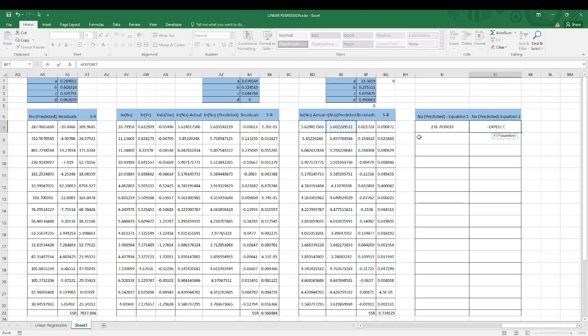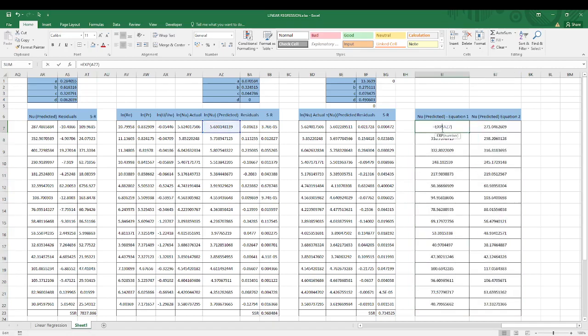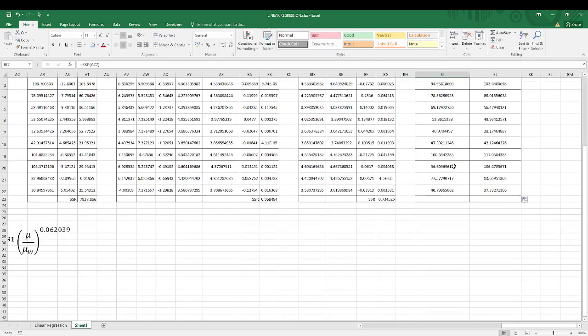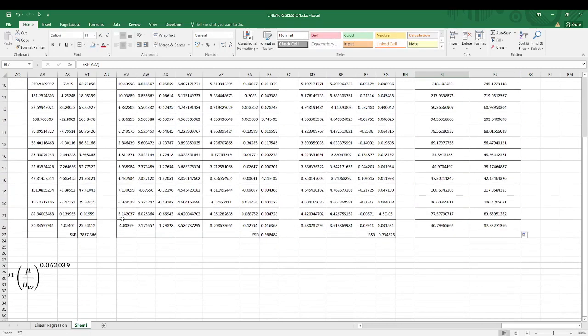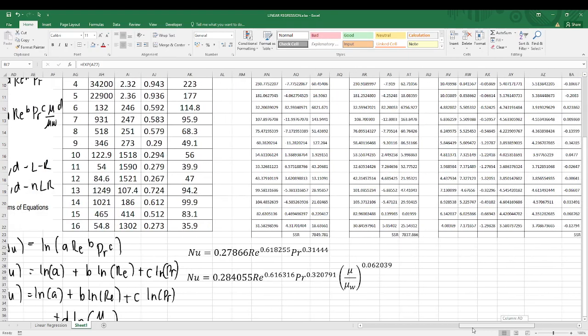Pwede naman ko i-drag. So updating the equations.